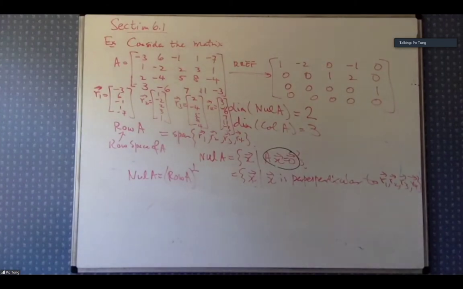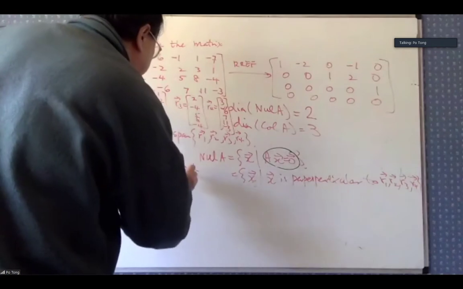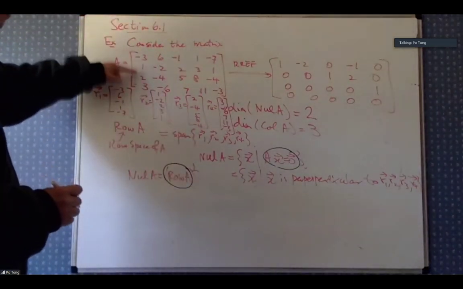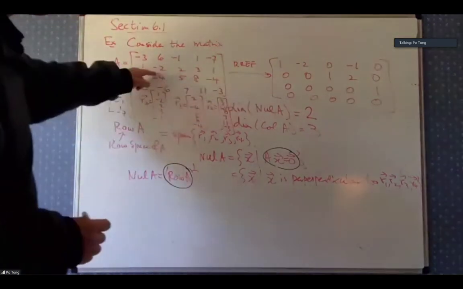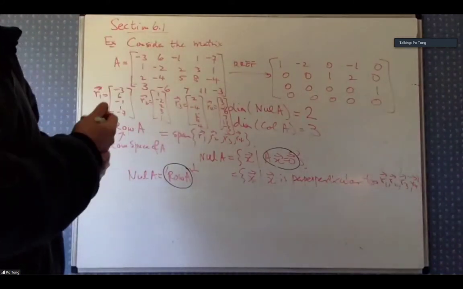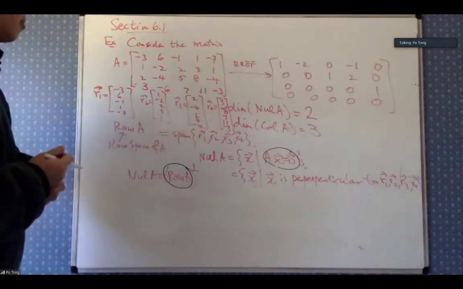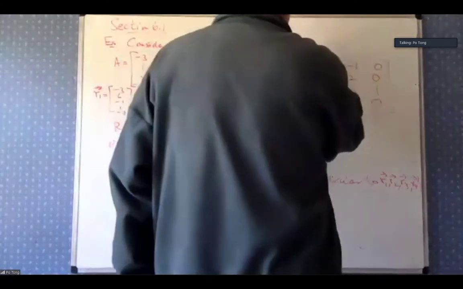Now, what is the dimension of the row space of A? You notice the RREF of this. When you do the RREF, you are using row operations. So what I'm trying to say is that the row space of A is also spanned by these rows.